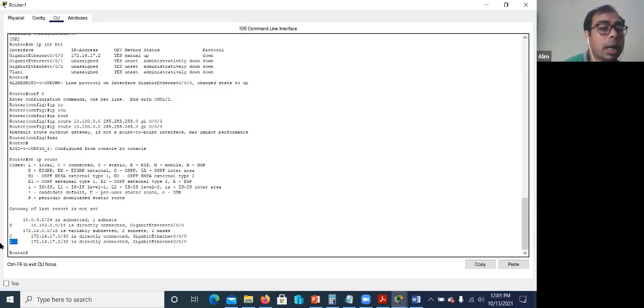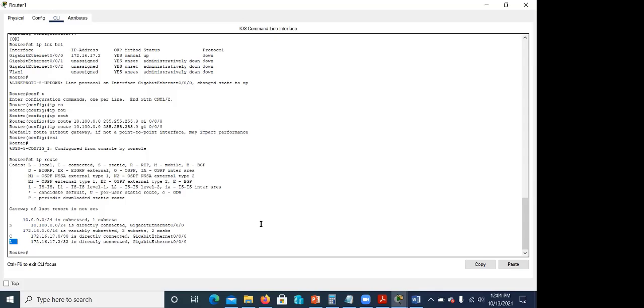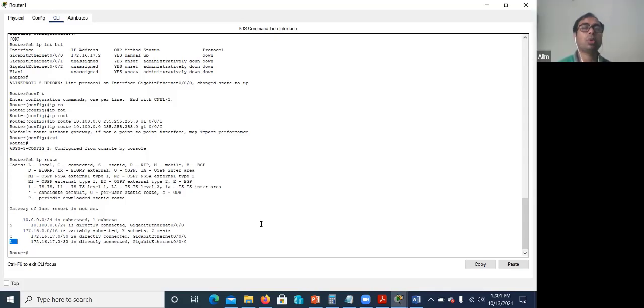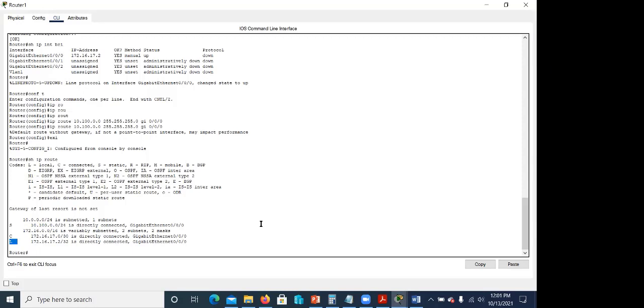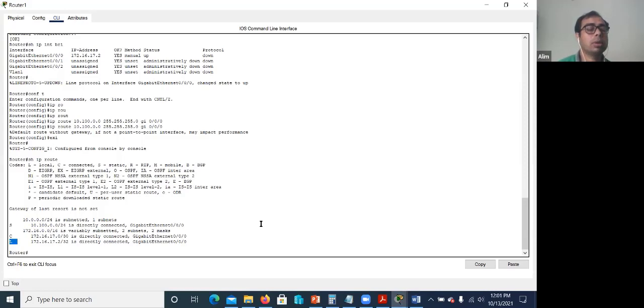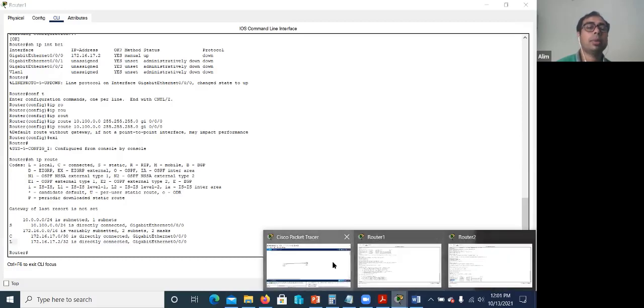Okay. What is local, L? What is /32? Okay, we discussed. All the bits of the network are one. Actually, it represents host. Actually, it means no network. It is host, directly host. Okay. So look in the diagram.